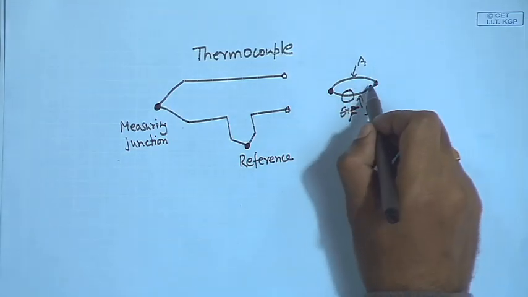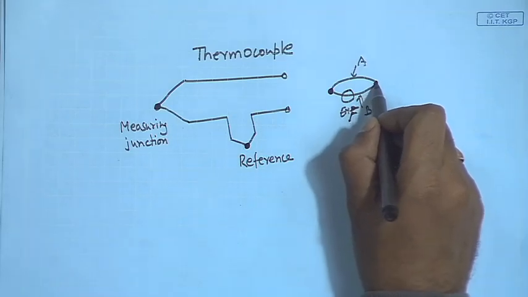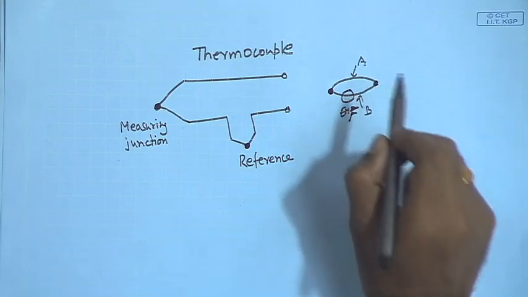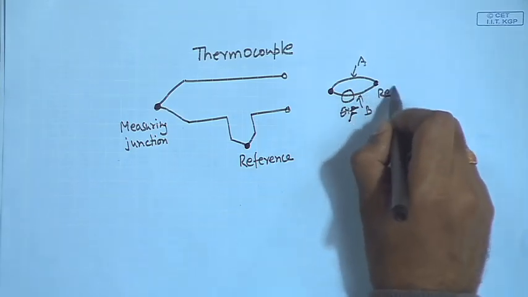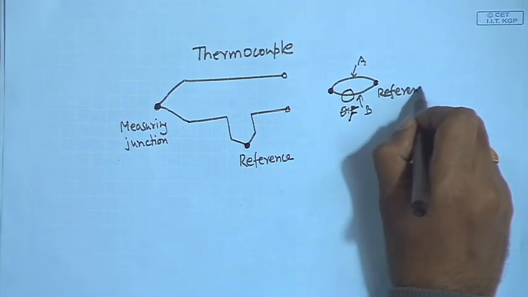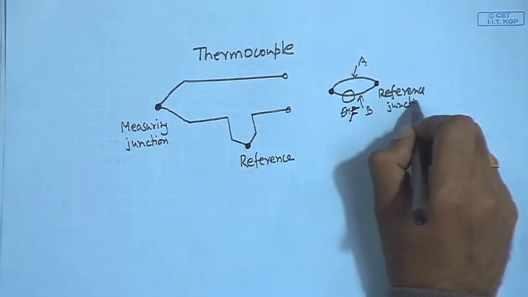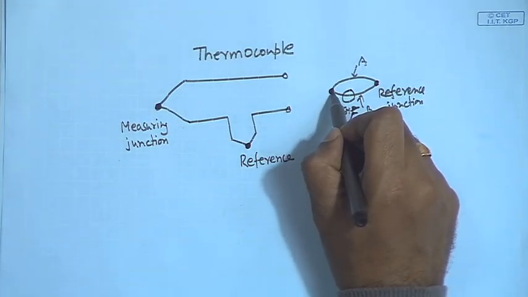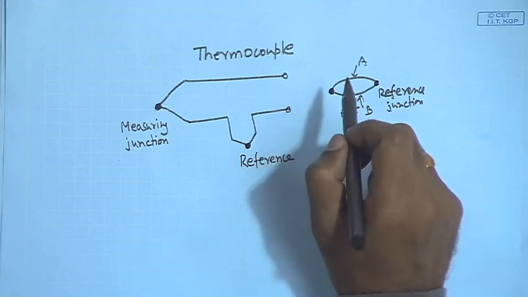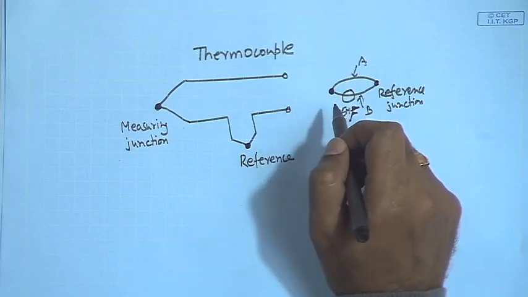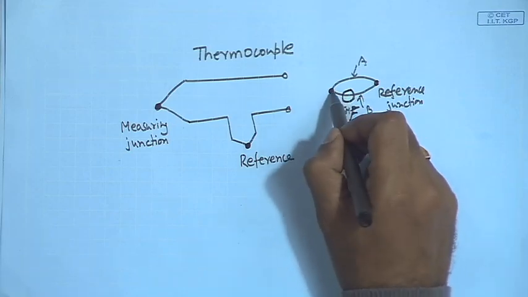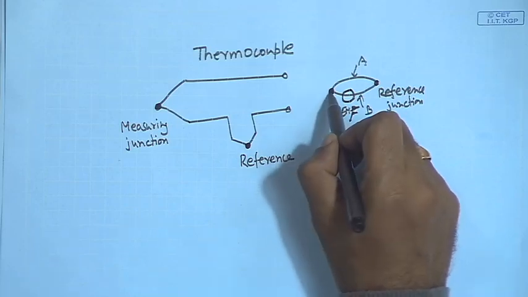So, now if I keep one junction temperature constant and call this the reference junction, and expose this junction, which I call the measuring junction, to the measuring medium whose temperature I want to measure, then this EMF produced can be taken as a direct measure of the temperature.